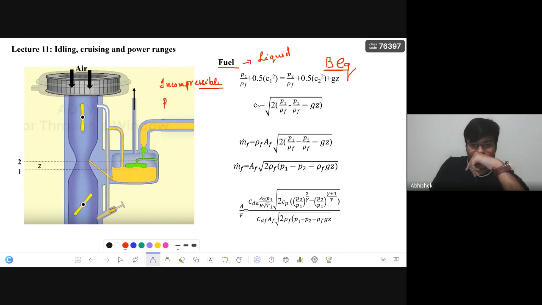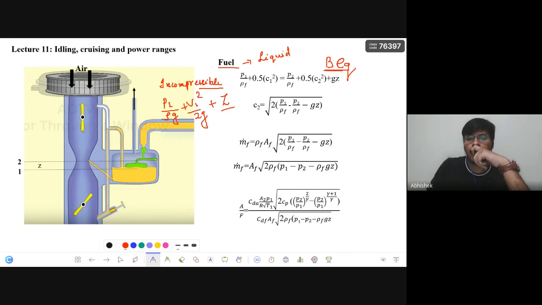I hope everyone remembers P1 by rho g plus V1 square by 2g plus z.